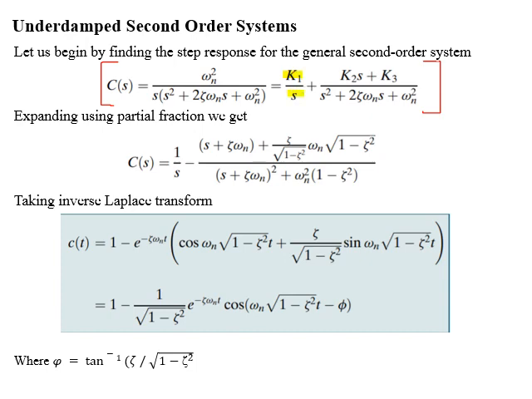First will be forced response, second will be natural response. After finding the values of K1, K2 and K3, we will take inverse Laplace to find time domain relation. Time domain relation for C of t are given here in both forms.